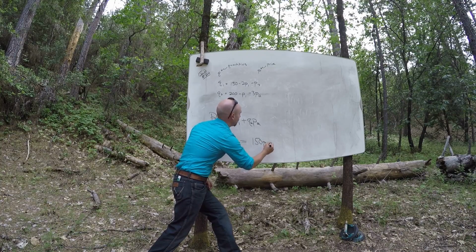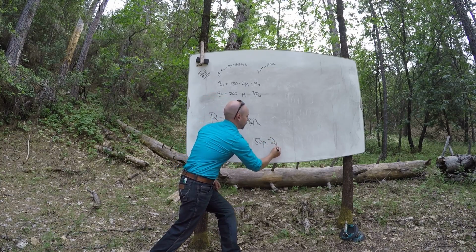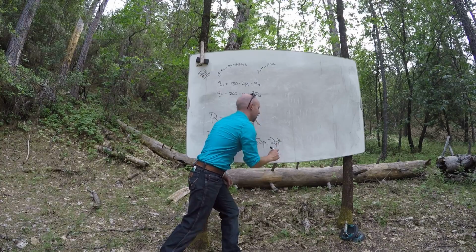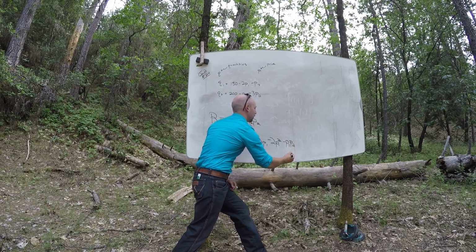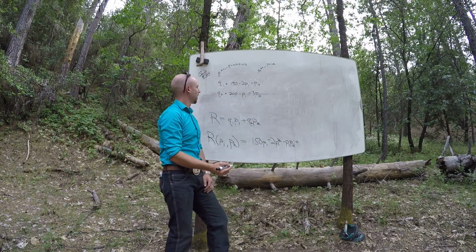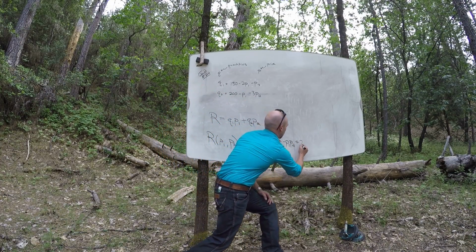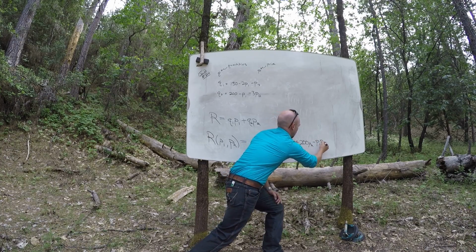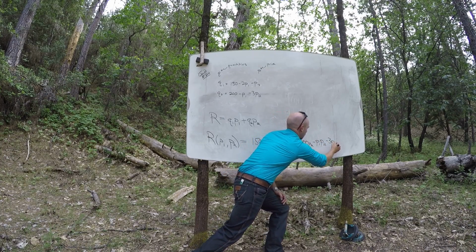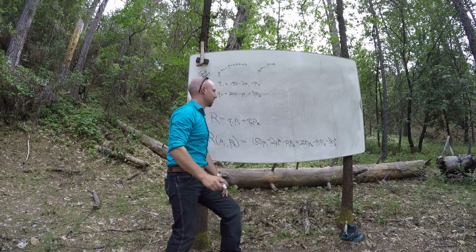So I got 150 P1 minus 2 P1 squared minus P1 times P2, plus 200 P2 minus P1 times P2 minus 3 P2 squared. Okay, good.